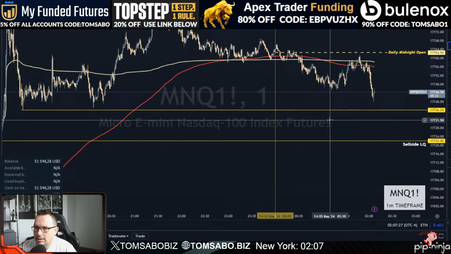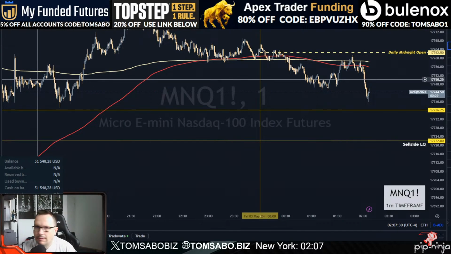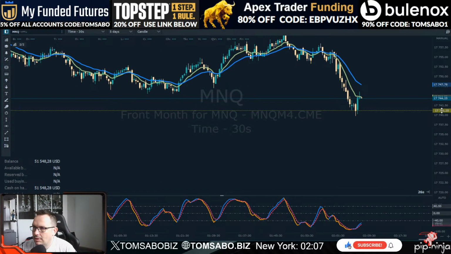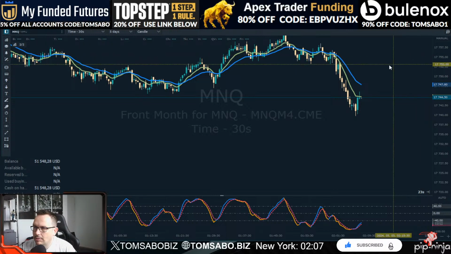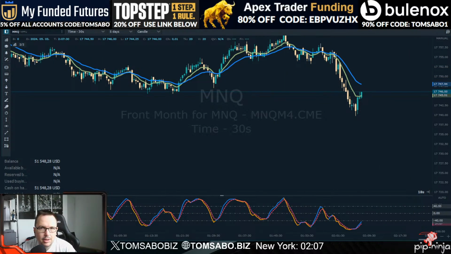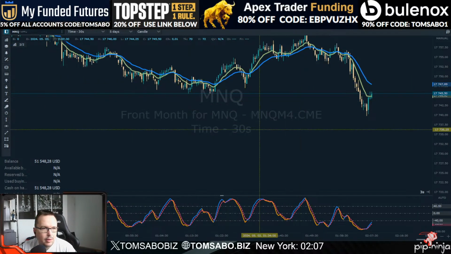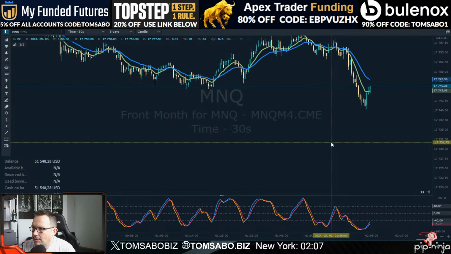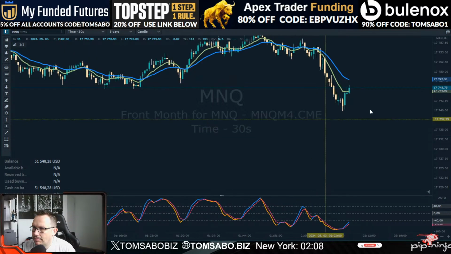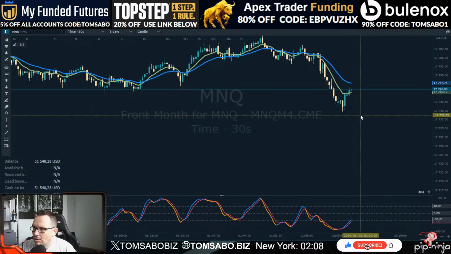Still seems like a good area, 36.25 to go for. I could go aggressive if I would like to, but I don't want to. Fair value gap here. Going back higher. No clear moves yet.